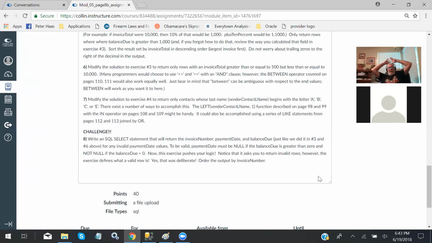Yes, there are 2, and this one is a challenge. So if you think about it, you can read the valid records: payment date is null and balance due is greater than 0.